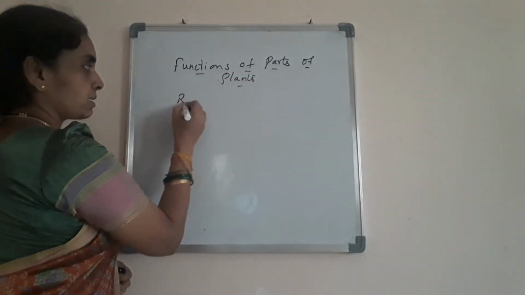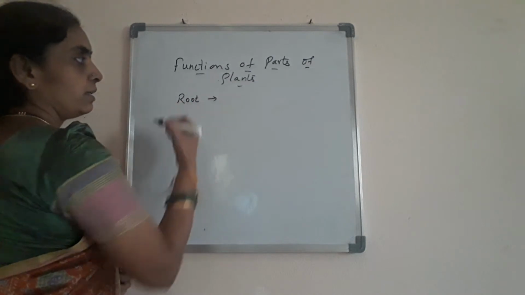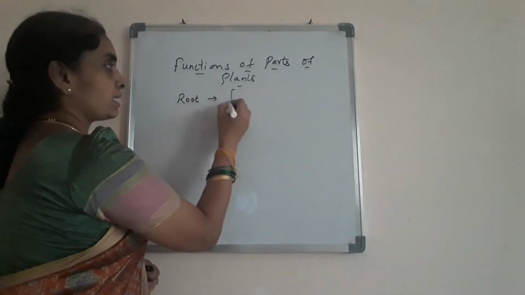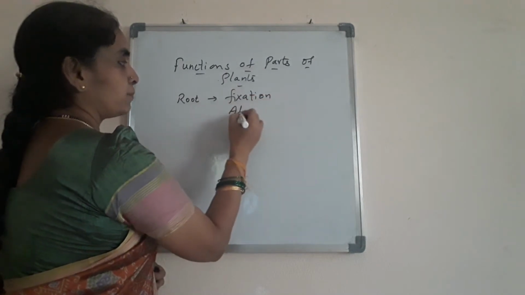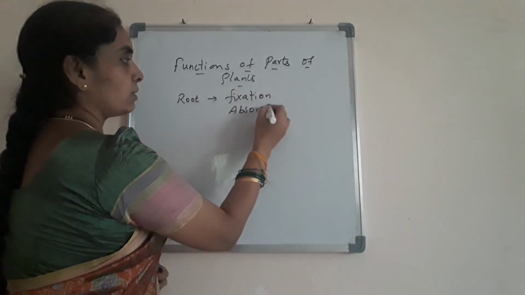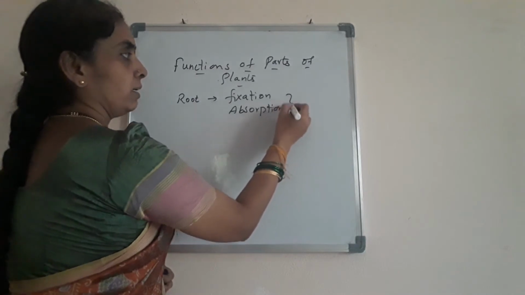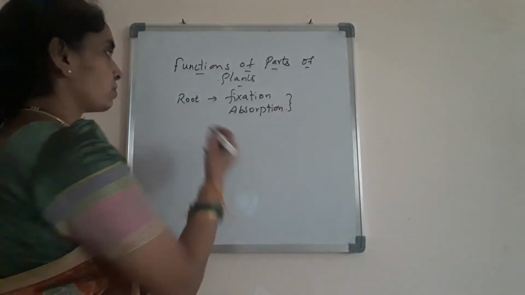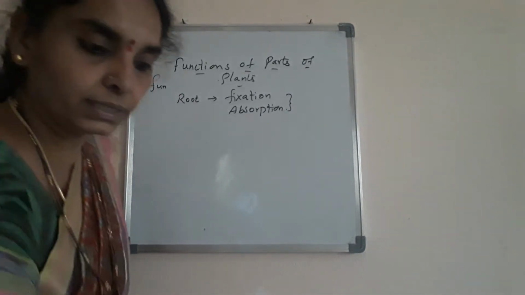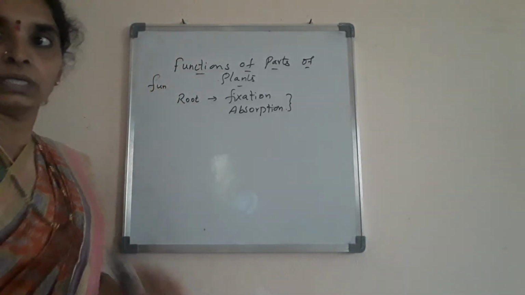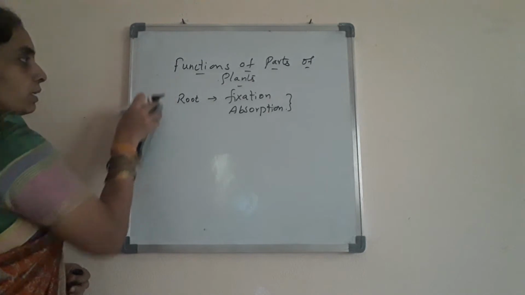Parts of plants, we'll see the roots first. It helps in the fixation of the plant firmly into the soil and absorption of water and mineral salts from the soil. So these are the two functions of the roots.